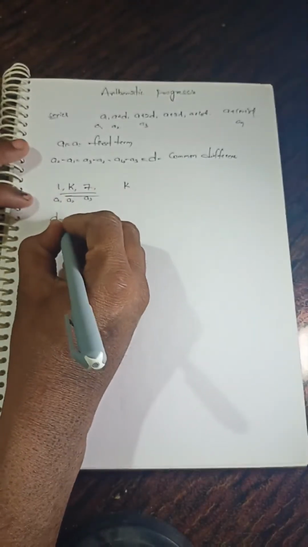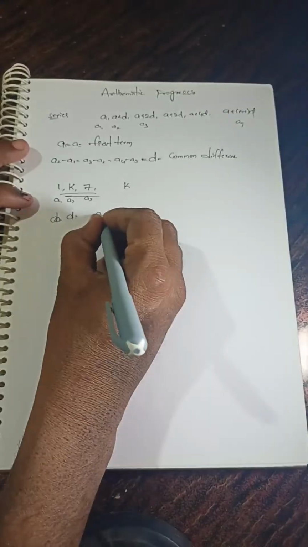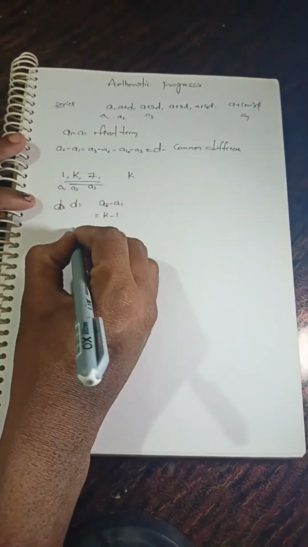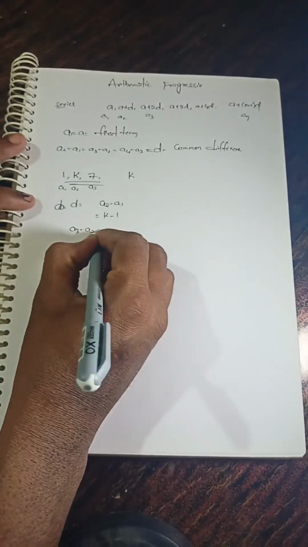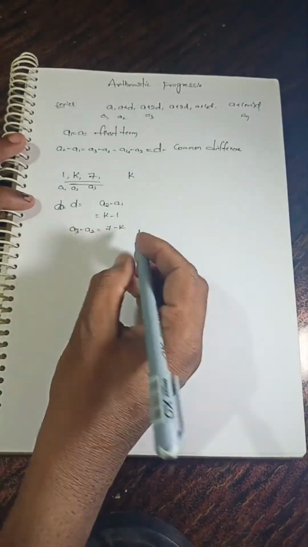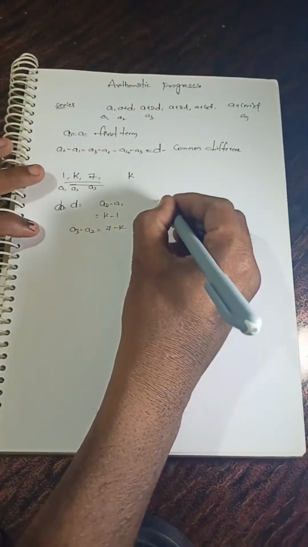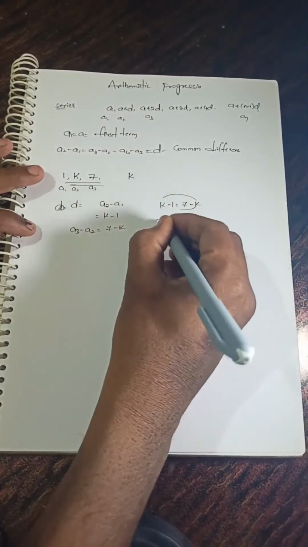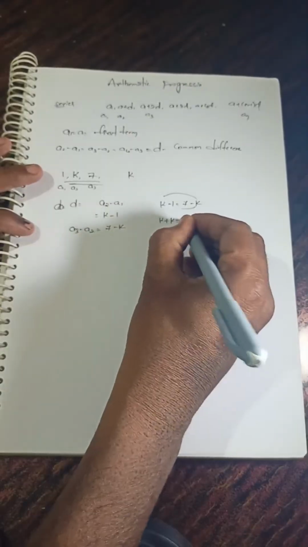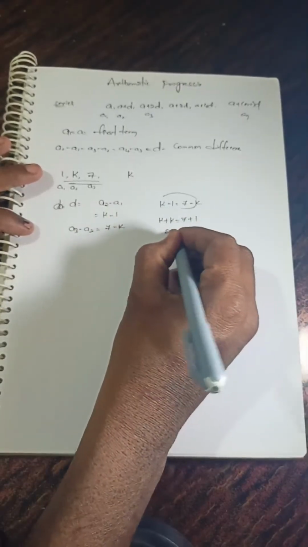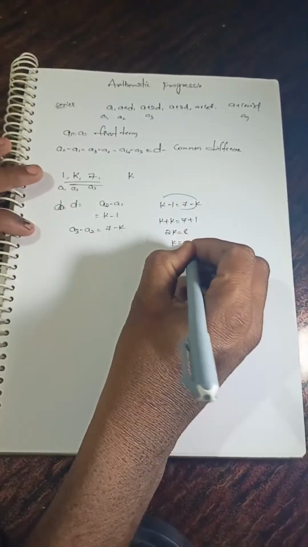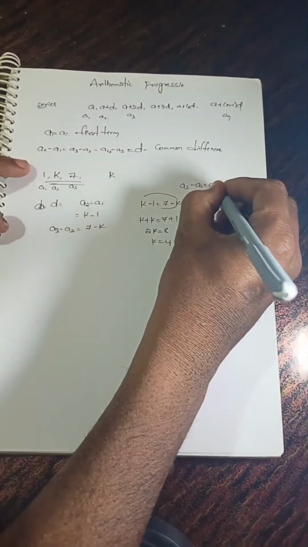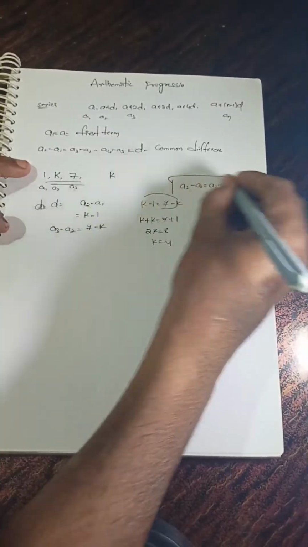How to find the common difference? a2 minus a1, that is k minus 1, and a3 minus a2, that is 7 minus k, are equal. So k minus 1 equals 7 minus k. Interchanging, k plus k equals 7 plus 1, so 2k equals 8, and k equals 4. Common difference: a2 minus a1 equals a3 minus a2.